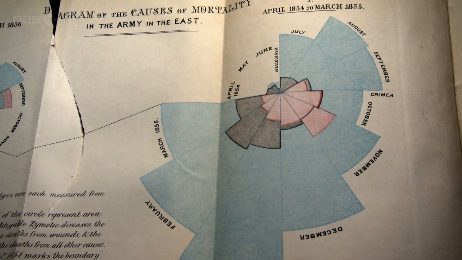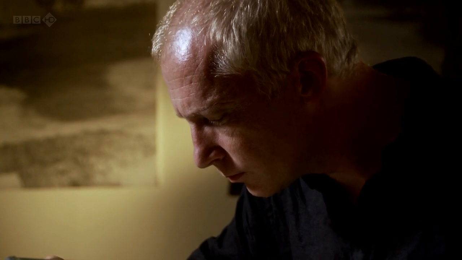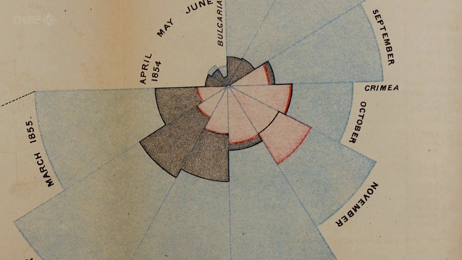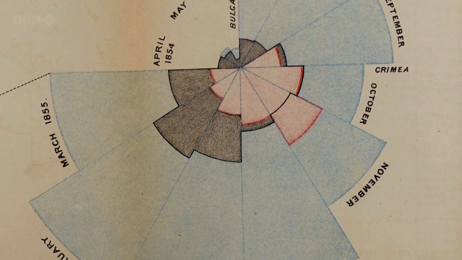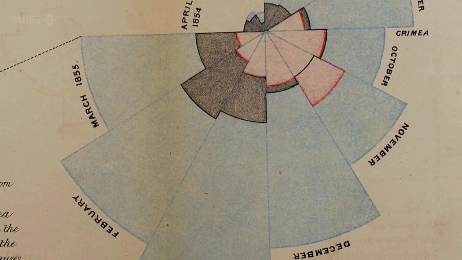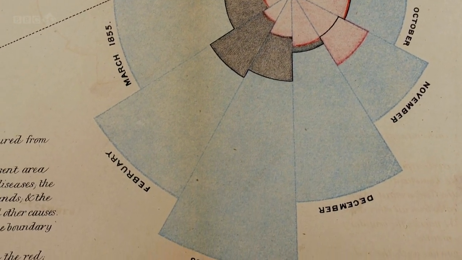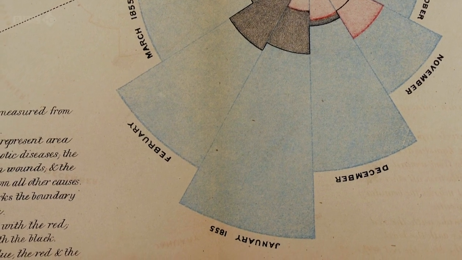The diagram does not provide the number of deaths, but the areas of blue nonetheless create a disturbing impression. As the winter of 1854 advances, they get steadily bigger, until, in January 1855, over 2,500 men dying in a single month.